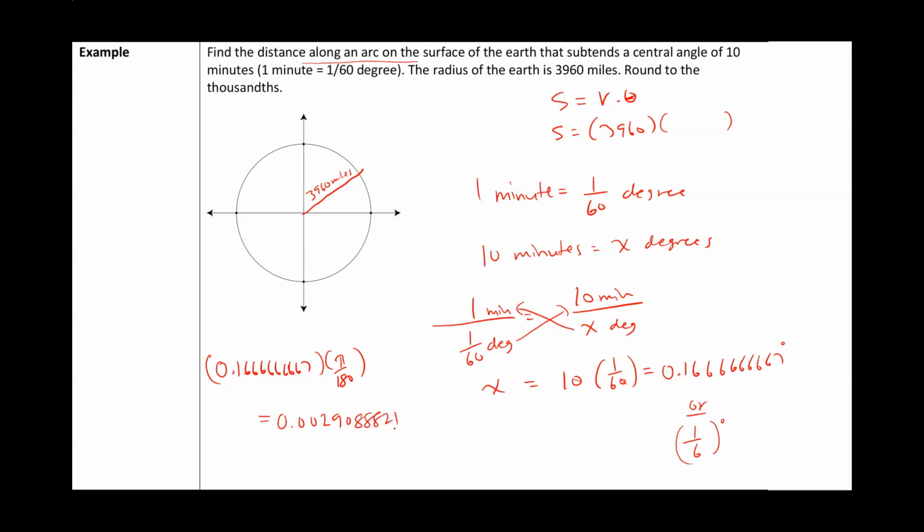Keep as many decimals as you can. So now I want to multiply our radius by the angle, which is going to be 0.0029088821. And if I do that, I'm going to get 11.519 miles.